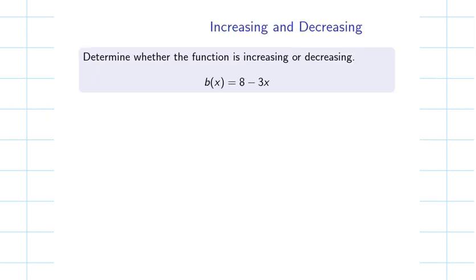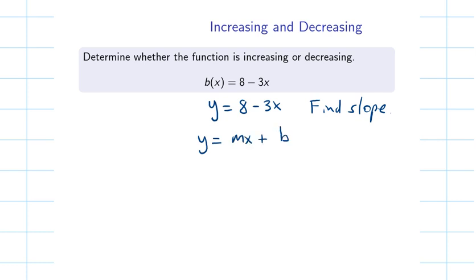So first, let's determine whether the function is increasing or decreasing. And we can write this as y equals 8 minus 3x, and we have to find the slope. This looks a lot like the y equals mx plus b form. That's the slope-intercept form.